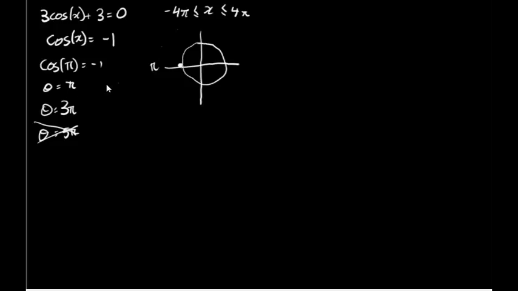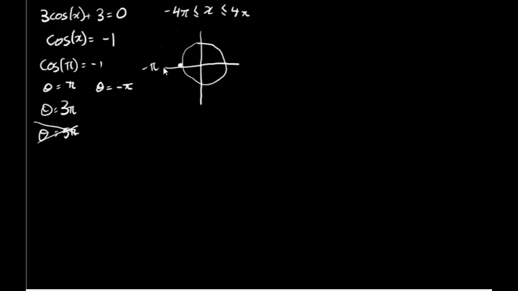Going backwards, if we start at pi, and I want to go backwards a full rotation, I'll end up at minus pi. From there, we are inside the domain, so let's go again.